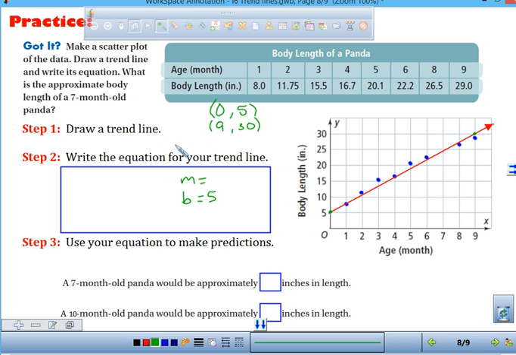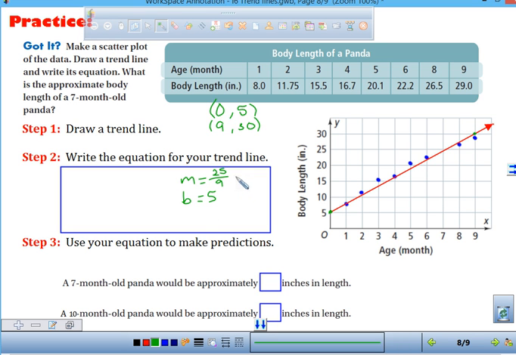Change in y. Change in y, 25. Change in x. Okay. So 25 divided by 9. What is it? 2.7.